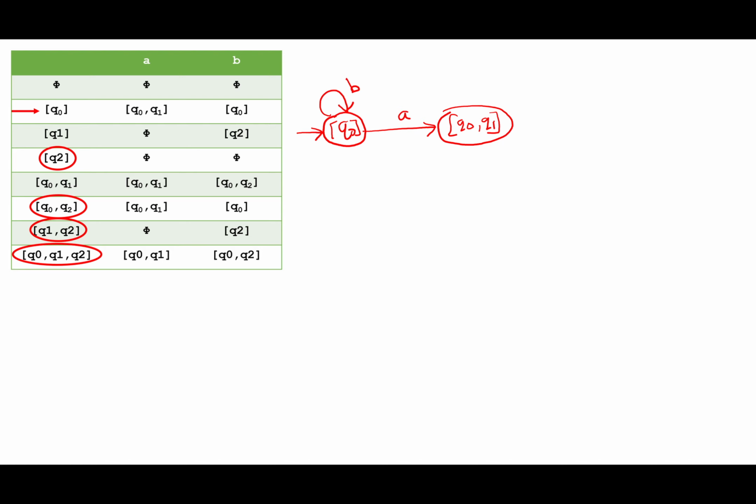Then Q1, I'm writing the Q1 here. What is Q1 comma A? It is null. What is Q1 comma B?